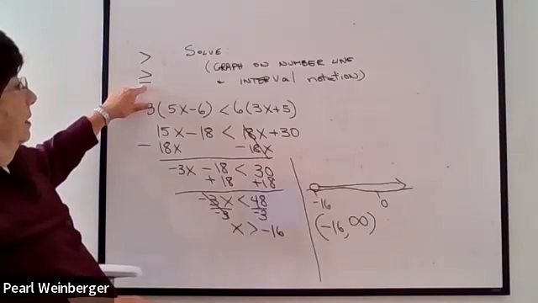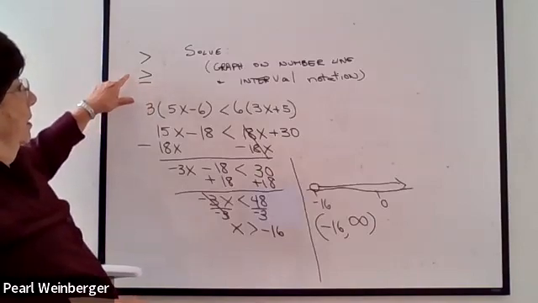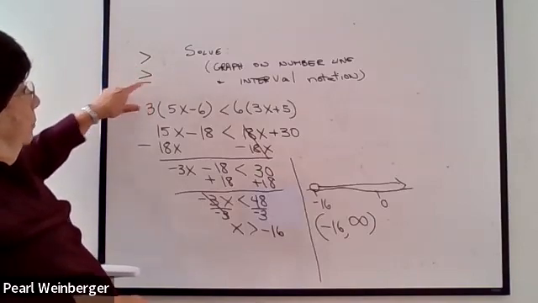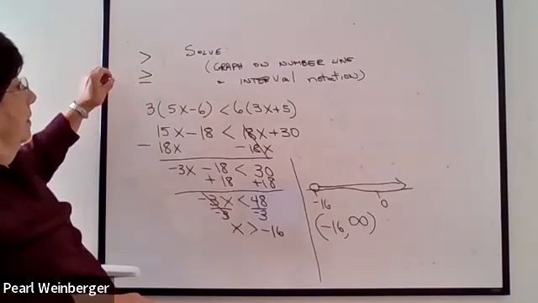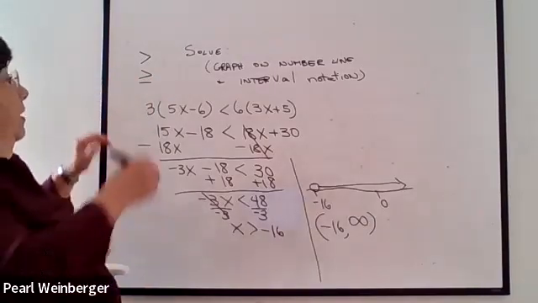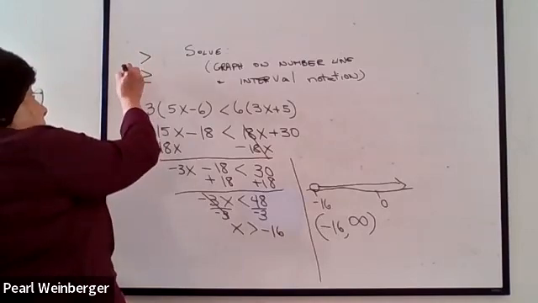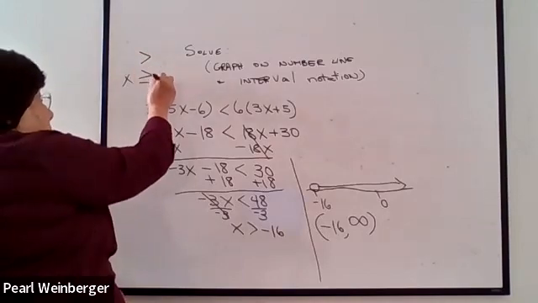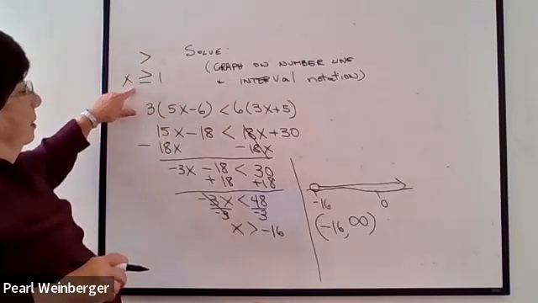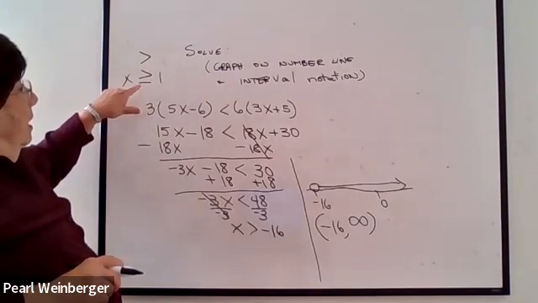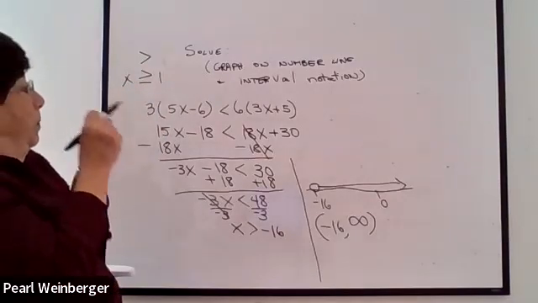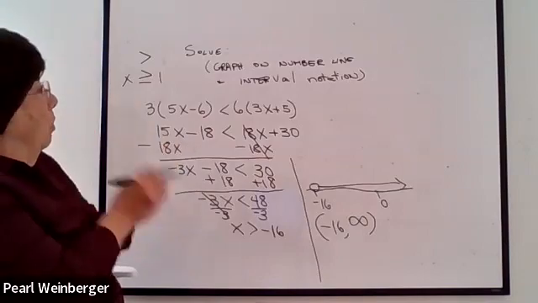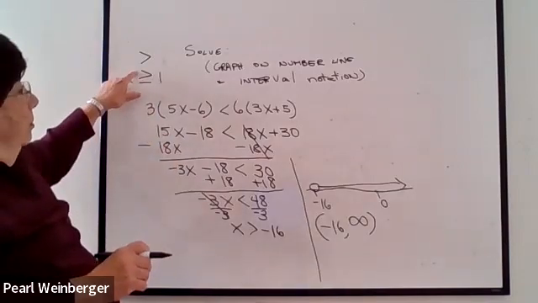If I had a symbol like this, greater than or equal to, with this little extra line, let's say I have x greater than or equal to 1. What that's telling you is any number bigger than 1 or equal to 1 works.